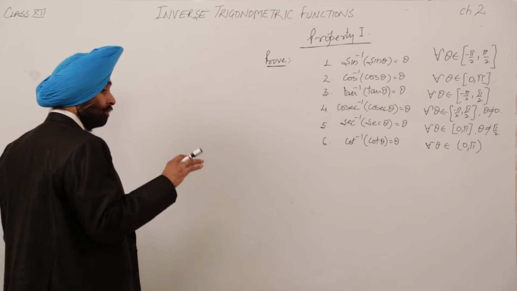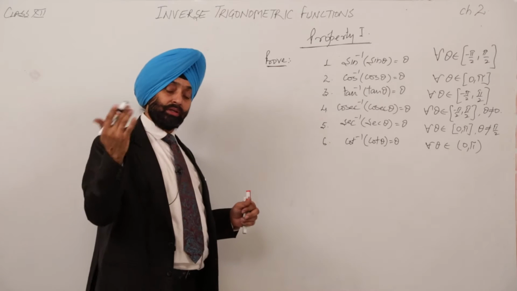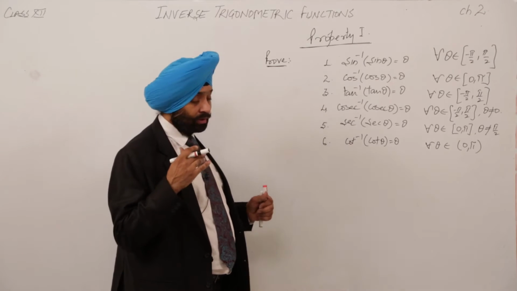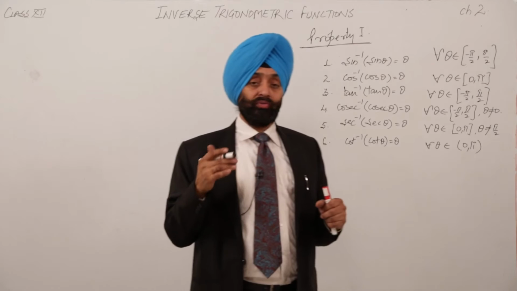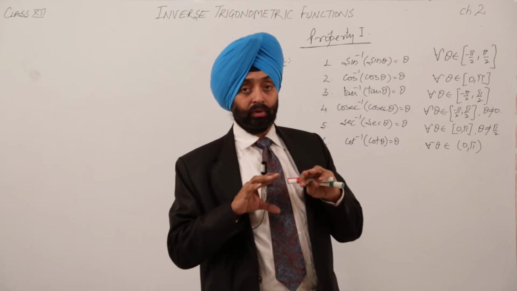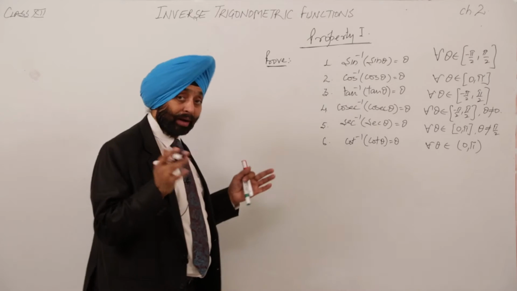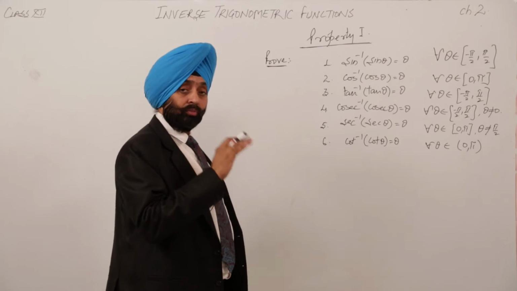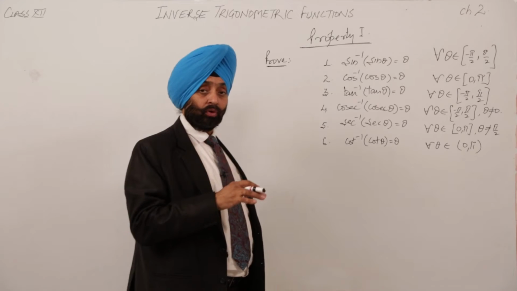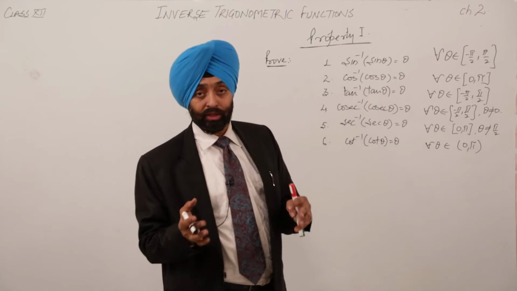Now in the beginning of this chapter or in the last chapter also, in relations and functions, we did the composite of functions when we combined some functions. A function from A to B is function f, a function from B to C is function g, what was the relation with them.